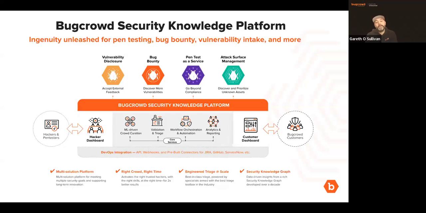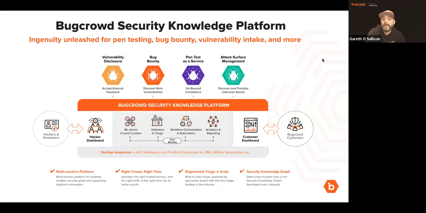Bugcrowd has developed what we call a security knowledge platform to help facilitate delivery of a range of different security testing options. We're here primarily to focus on bug bounty, but in recent years, our pen testing capability has seen a huge amount of interest. We also have disclosure programs.